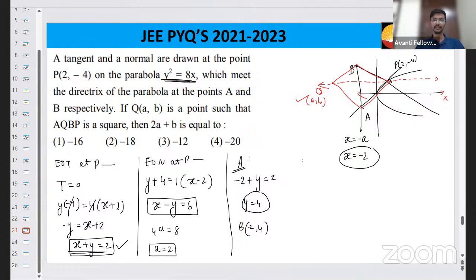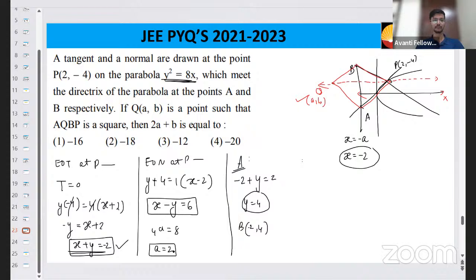So for point A, minus 4y is equal to 4 into x plus 2. x plus y is equal to minus 2.